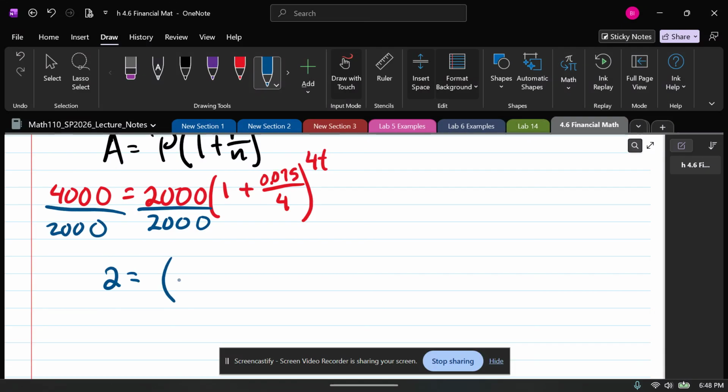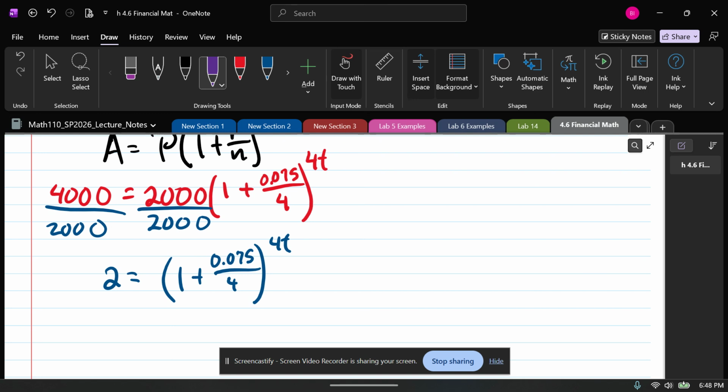That's 2 equals 1 plus 0.075 divided by 4 to the 4t. I'm not going to really work out that number. I'm going to let the calculator do it in a minute. So I'm just leaving it there. Now, how can I get rid of the exponential when the bases are weird like that? Well, this is how we did the problems in 4-5 at the beginning there.